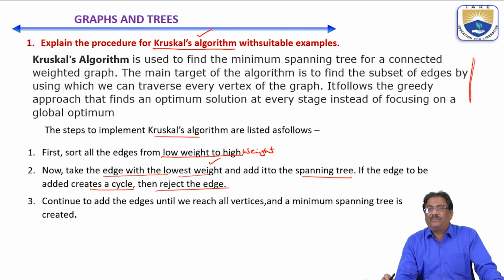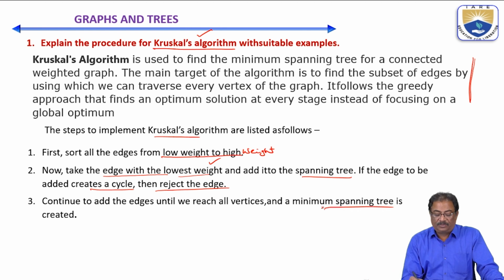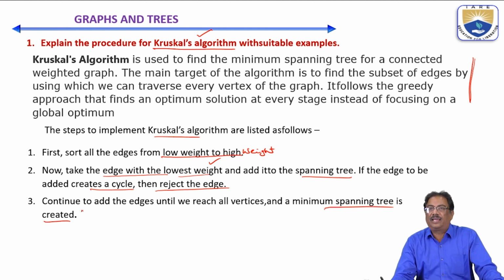In the same way we continue to add the edges until we reach all the vertices and the minimum spanning tree is created. So we select n minus 1 edges, or else all the vertices. If we select all the vertices, then the required spanning tree is the minimal spanning tree.